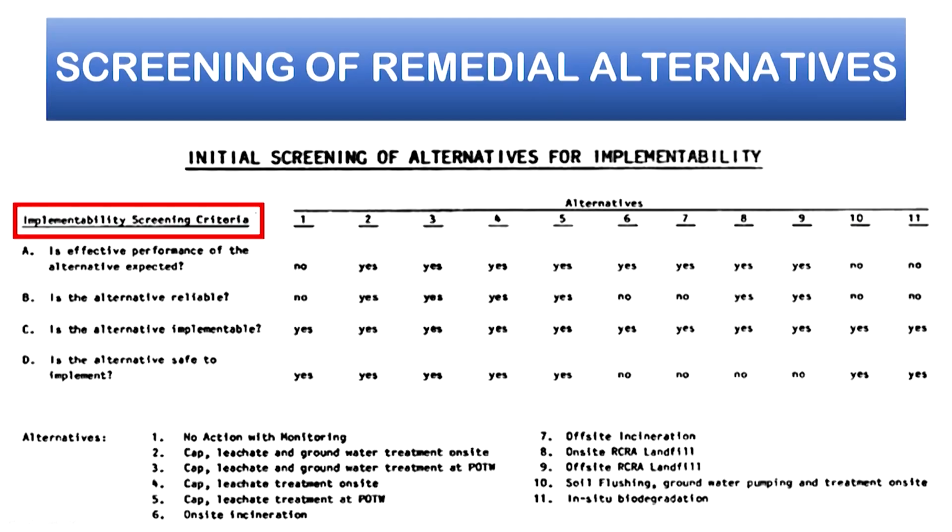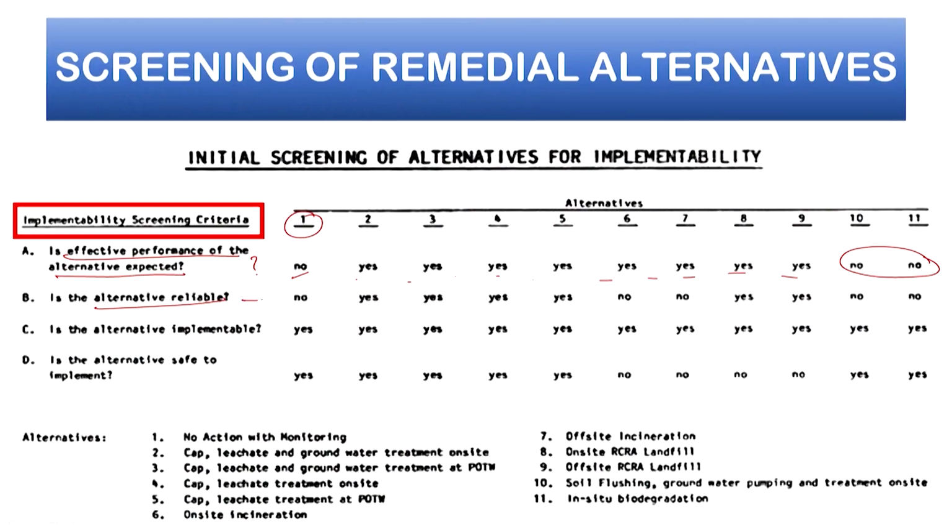So again, moving on, implementability of screening criteria. What have they looked at? Effective performance of the alternative expected, how effective is it? So looks like 1 is no and most of the others are yes, and 10 and 11 no. Is the alternative reliable? Obviously, something that you put in should be reliable in the long term.